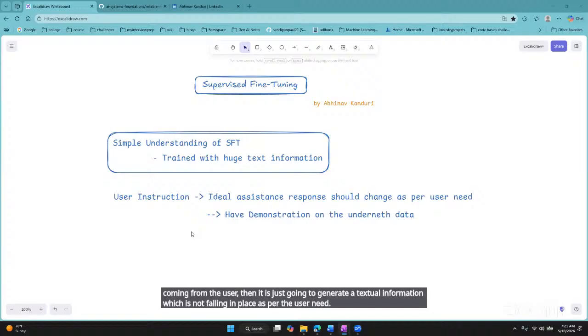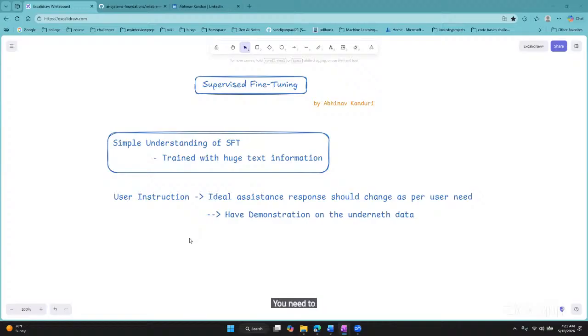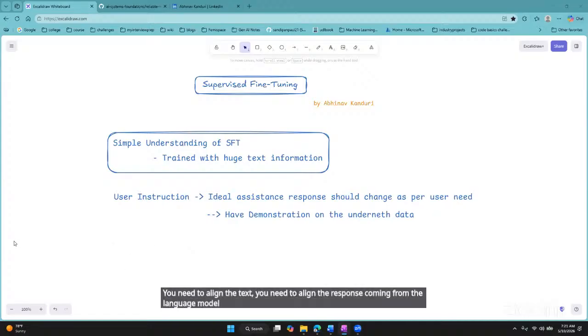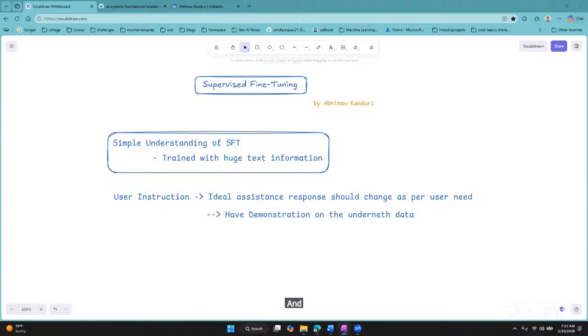So you need to align the response coming from the language model, and for that you require supervised fine tuning, which transforms the textual information, converting it into JSON, and acts as an assistant or a tutor that follows the supervised fine tuning instructions and tries to predict the text as per the user request.